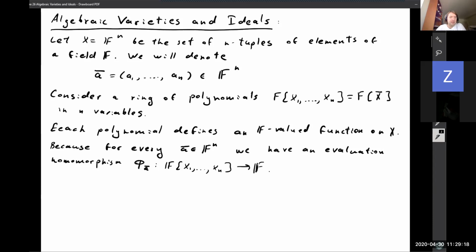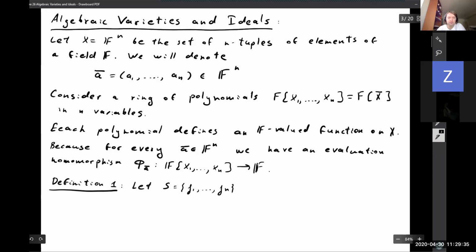Okay, and our first definition will be of an algebraic variety. Definition 1. Let S be a finite subset of our polynomial ring, F of x bar.